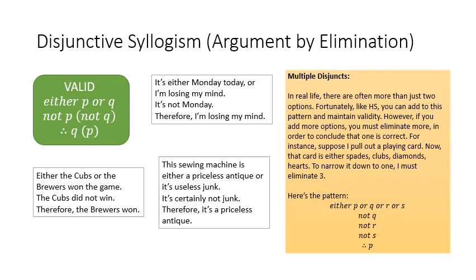This is an argument form that can get very complicated, but just keep in mind that once you've enumerated all the options, you need to eliminate everything that isn't true to get down to one.